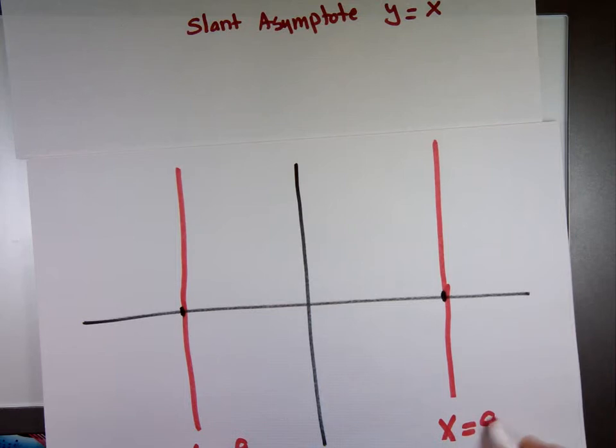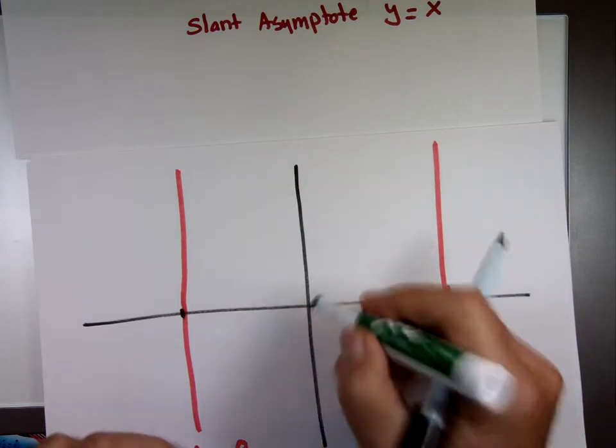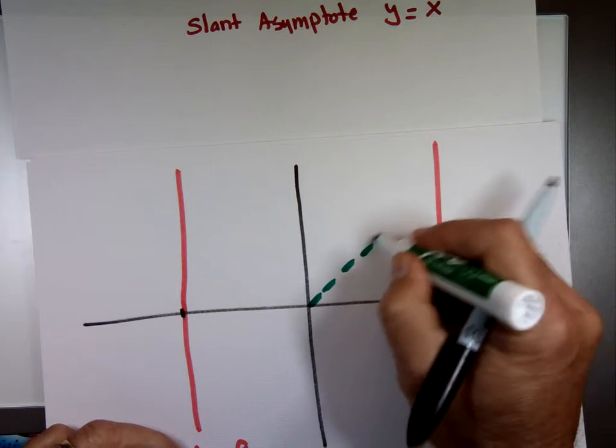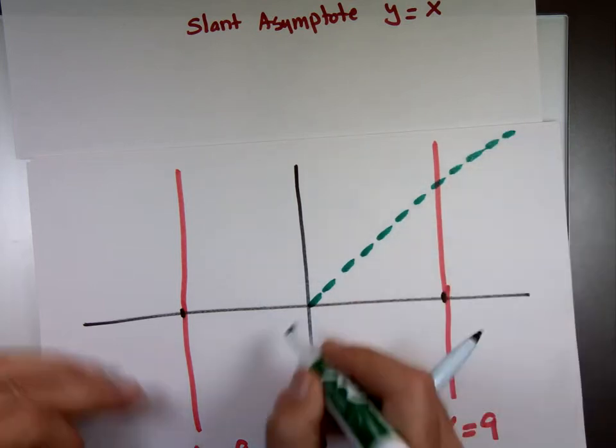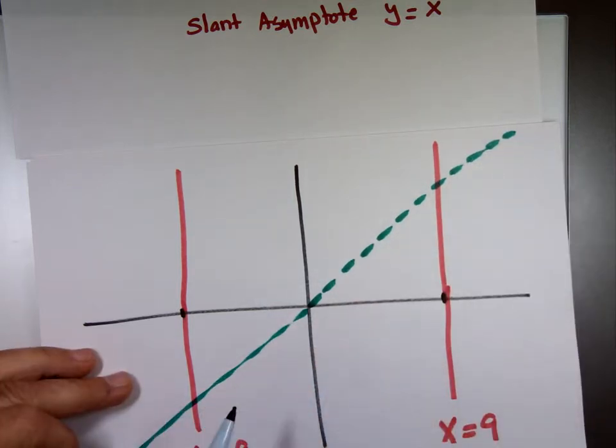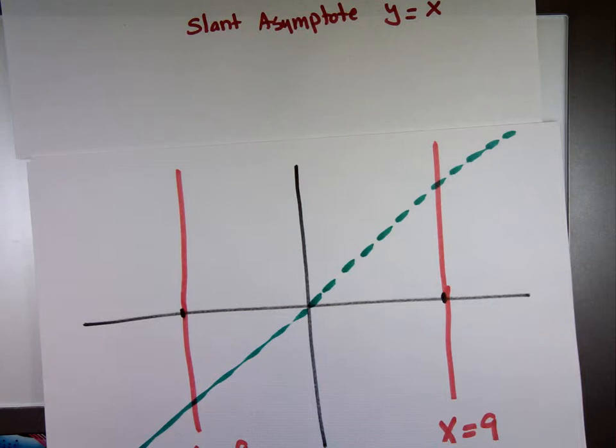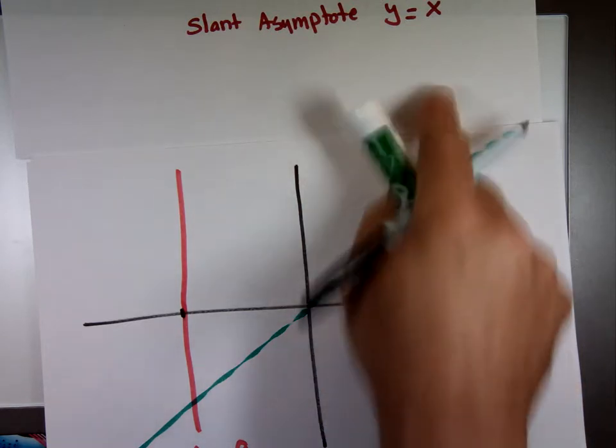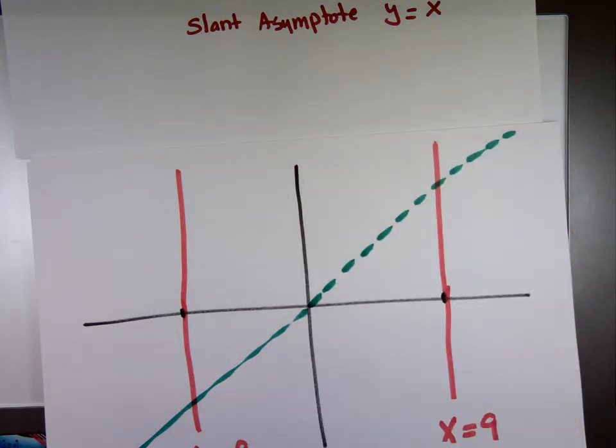These are my vertical asymptotes. I get a slant asymptote, y equals to x. This is y equals to x. Might be in trouble here space-wise. I don't have enough space here. Should make it a bit smaller. But we'll see what happens.